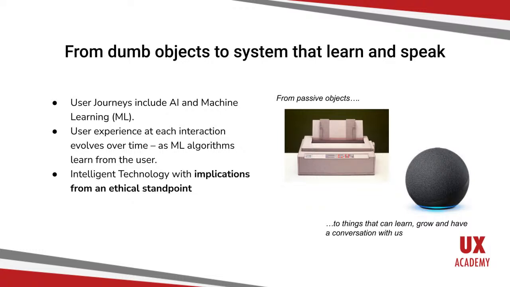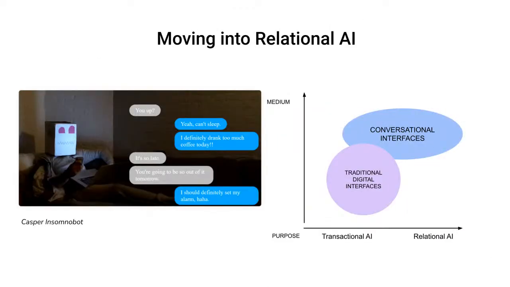Because the dumb objects of old are really becoming alive as these systems can learn from the environment, learn from new input, learn from users, and they can modify their actions accordingly. And this is changing the playing field for the UX profession, because designers really need to be able to plan ahead for this shifting experiential landscape when they plan for the user journey, for the 2B scenarios.